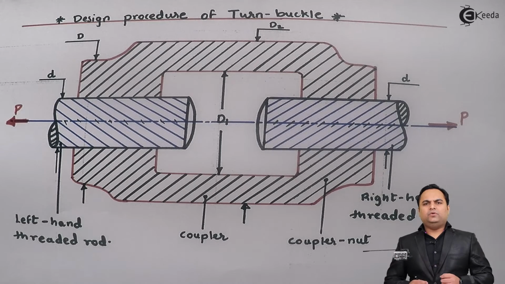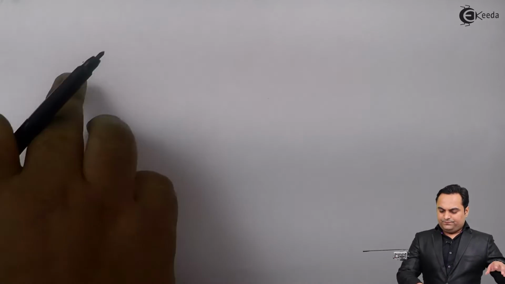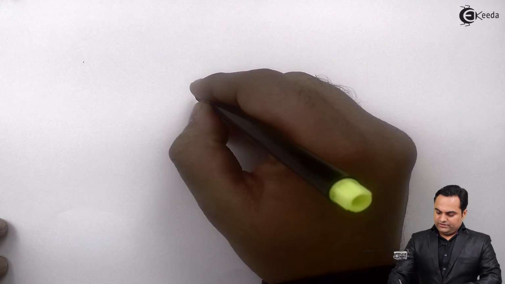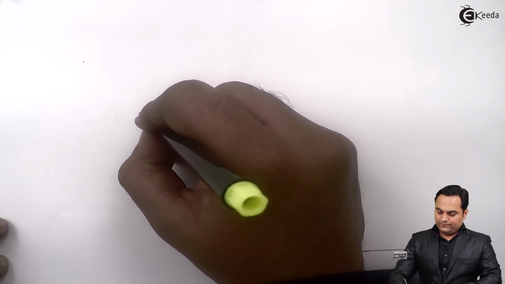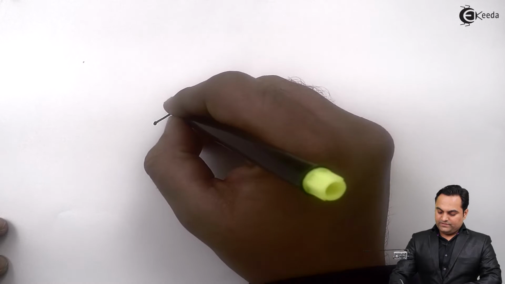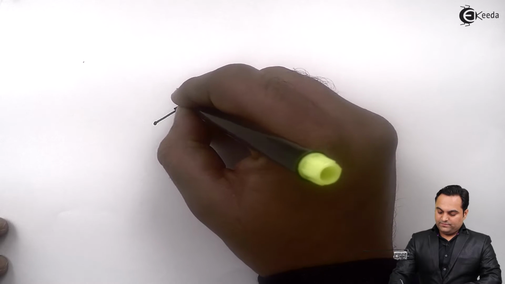Now see turnbuckle, where it is used, I'll explain. See turnbuckle mostly we can see in case of railways. Here I will draw a simple diagram.